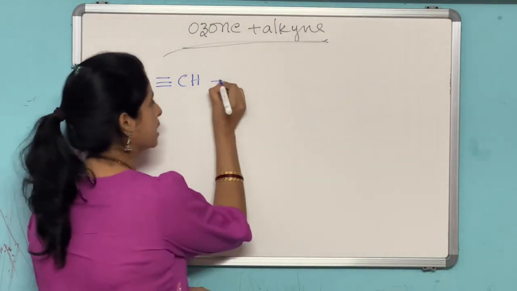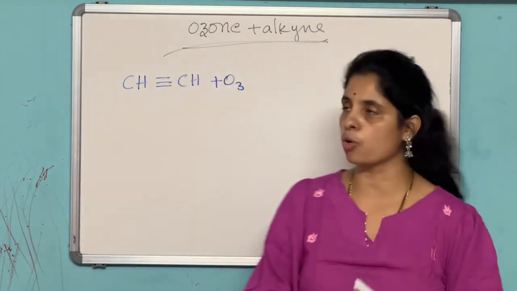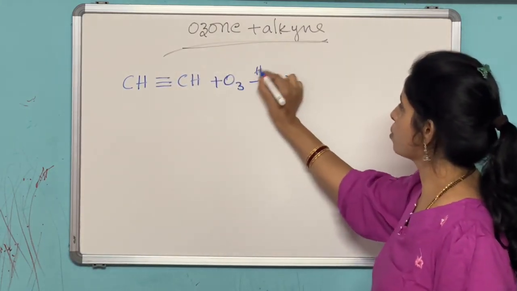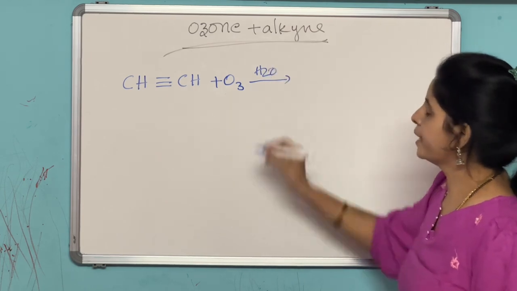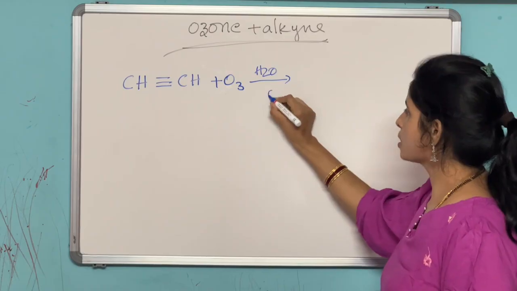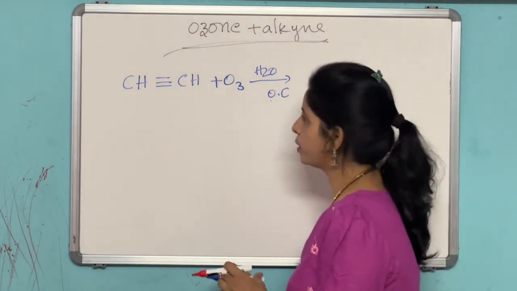So when it is treated with ozone, under these conditions, ozone hydrolysis, this condition is called an oxidative cleavage. So here how to write the product?